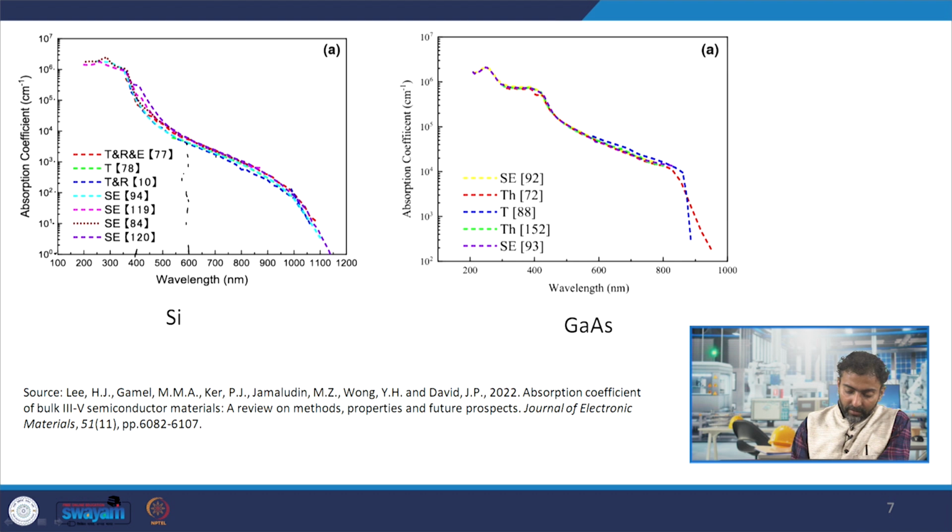Then at the red end of the visible spectrum, around 700 nanometer, this value comes down to around 2000 per centimeter, and in the infrared region around 1100 nanometer, it is down to hardly 20 or 30. So, there is a very sharp decay in the absorption coefficient as the wavelength increases.